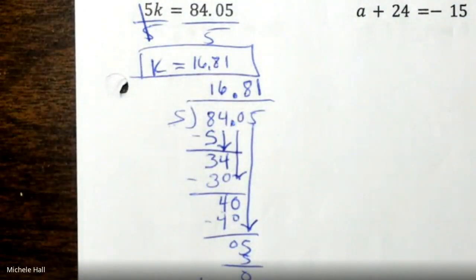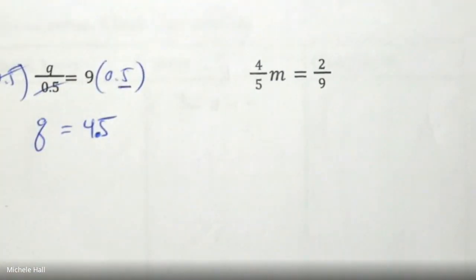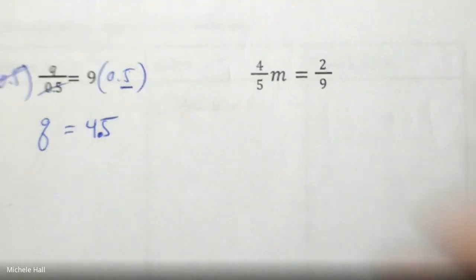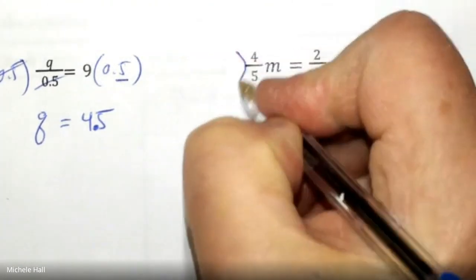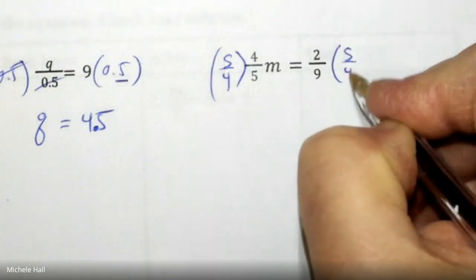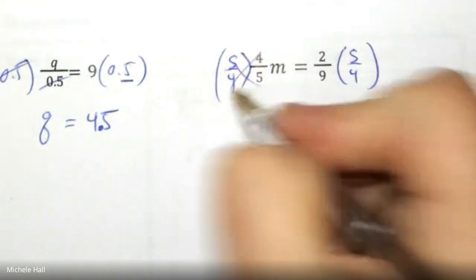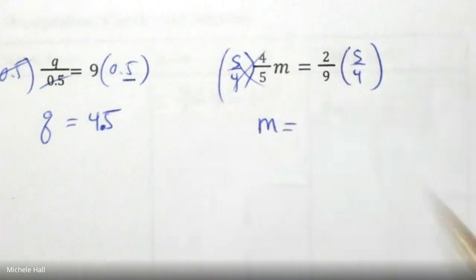Again, this is not difficult. It's just tedious. 4/5 M equals 2/9. How can I solve for M? By using the reciprocal. What's the reciprocal of 4/5? 5/4. Multiply this side by 5/4. Look for any cross canceling that can be done. I know my 5s and 4s cancel.